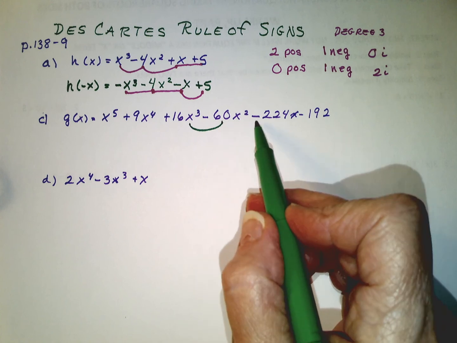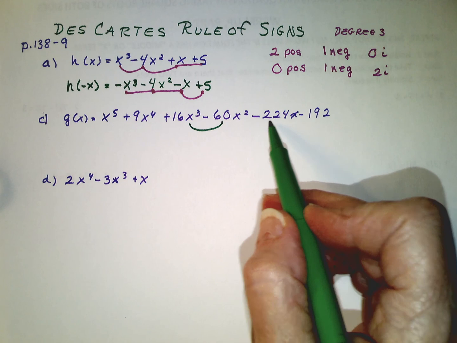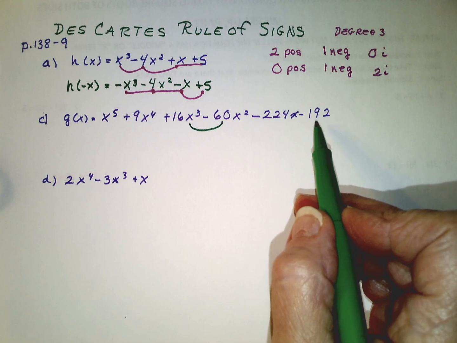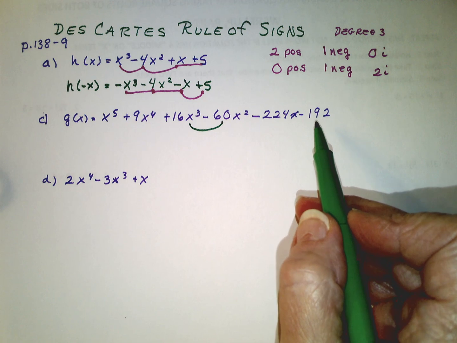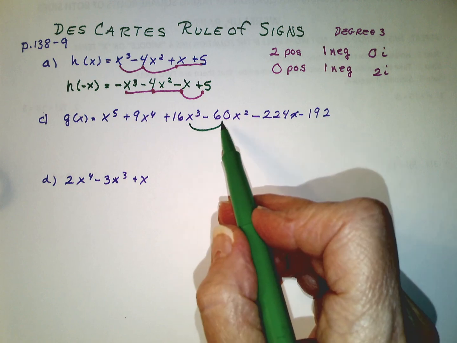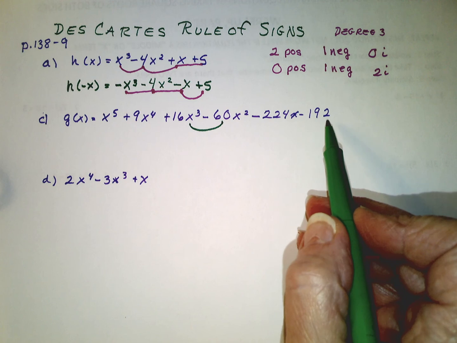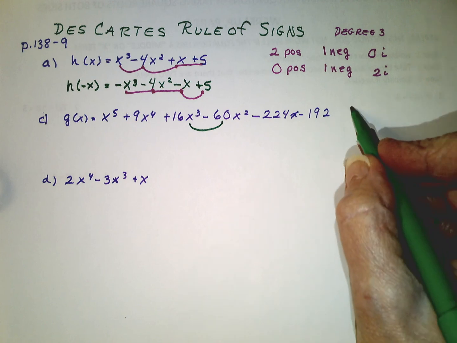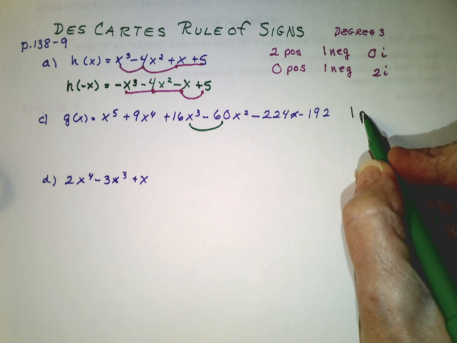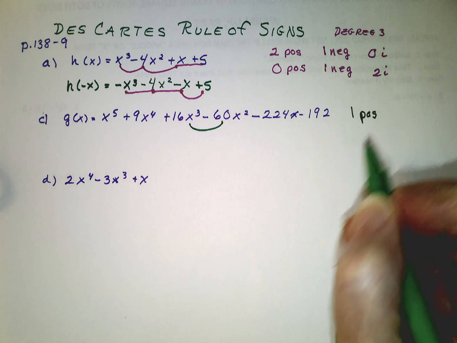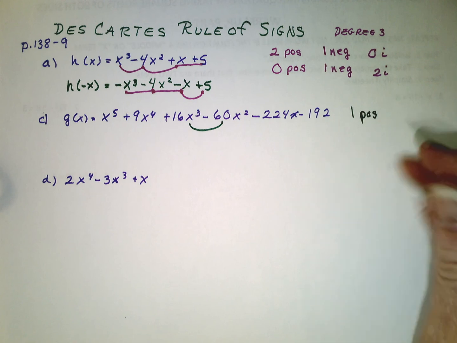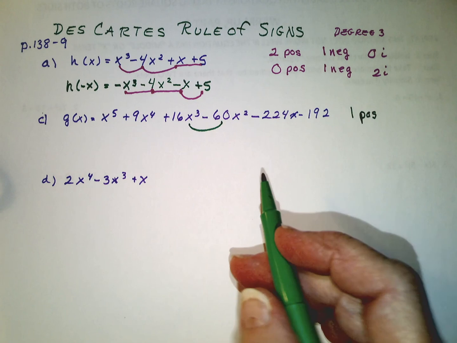And then it stays negative. And then it stays negative. If I did that right, one change here, positive to negative, and then it was negative thereafter. So there is one possible positive real root. And we won't have to step that down by 2, because you can't.